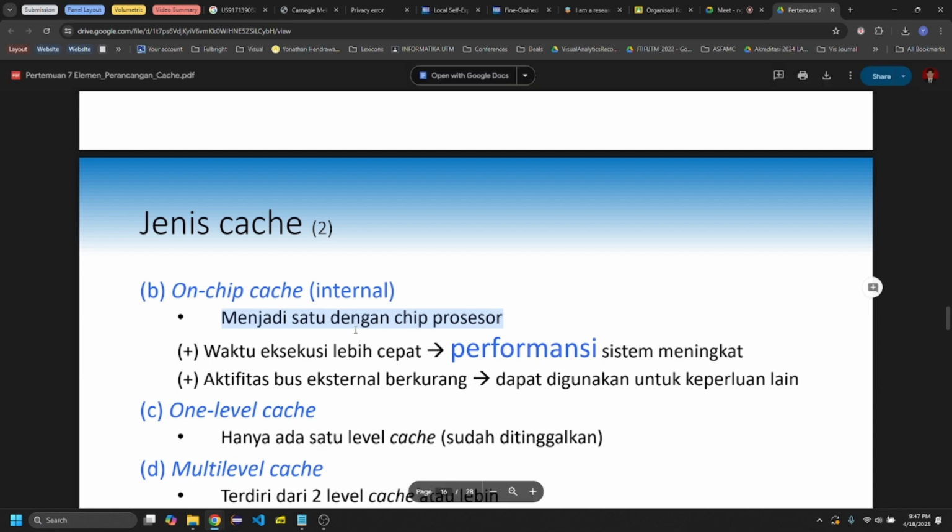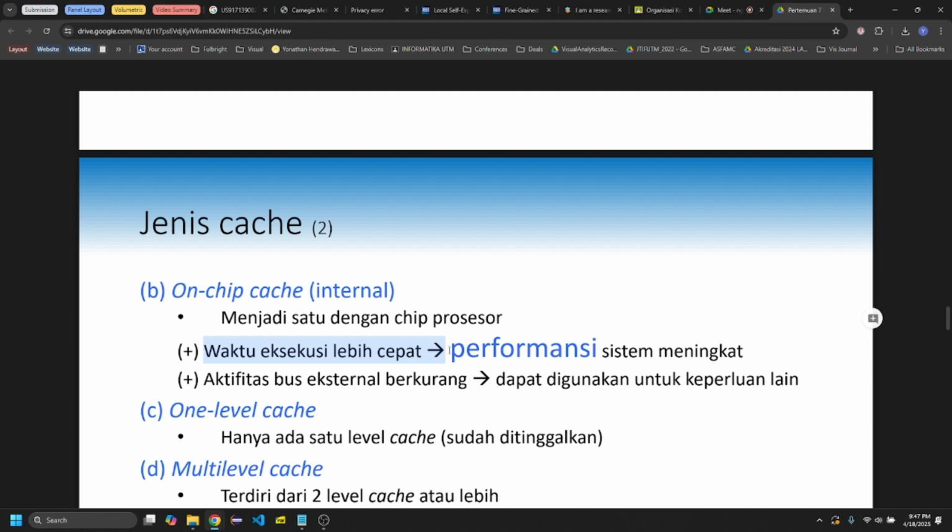The advantage of this way is that the execution time is faster, and it will lead to the improvement of the system performance.